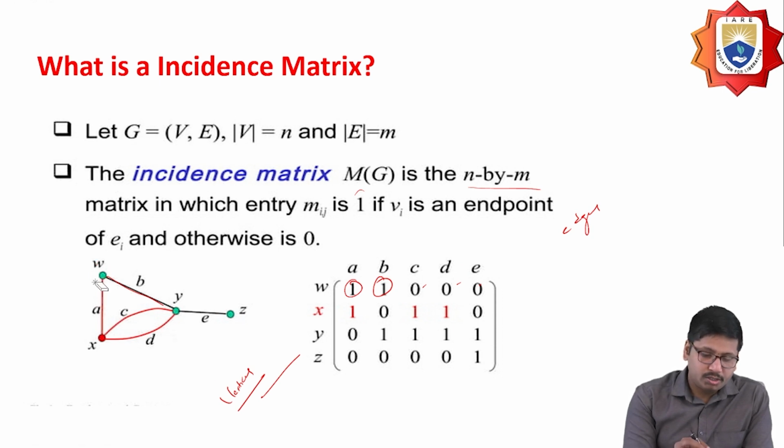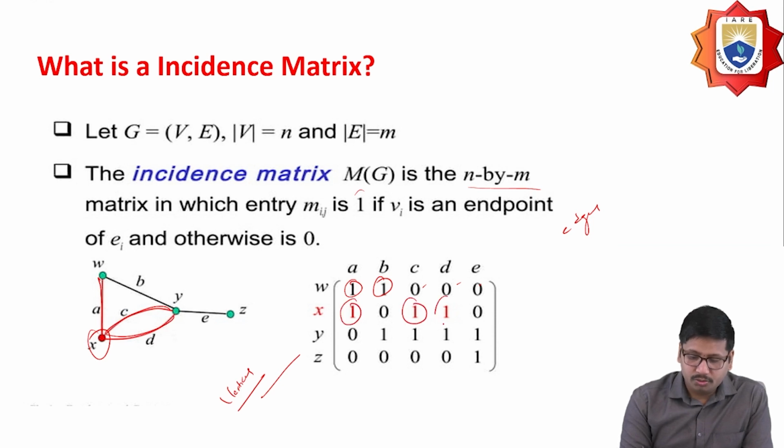Similarly, if I consider X here, what are the edges that are connected? For X it should be A, C, D, so A, C, D should be 1. The remaining all should be 0.